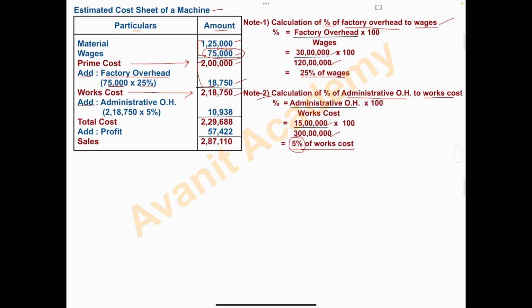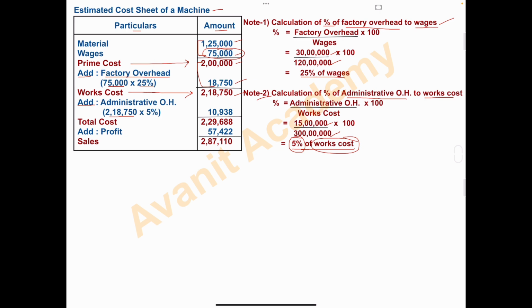Right here, add administrative overhead. So, in this estimated cost sheet, works cost amount is 2,18,750. Yes. So, right here, 2,18,750. Administrative overhead ಅನ್ನ ನಾವೆಷ್ಟು ಚಾರ್ಜ್ ಮಾಡಬೇಕು 5% of works cost. So ಇಲ್ಲಿ estimated cost sheet ಅಲ್ಲಿ works cost amount 2,18,750.